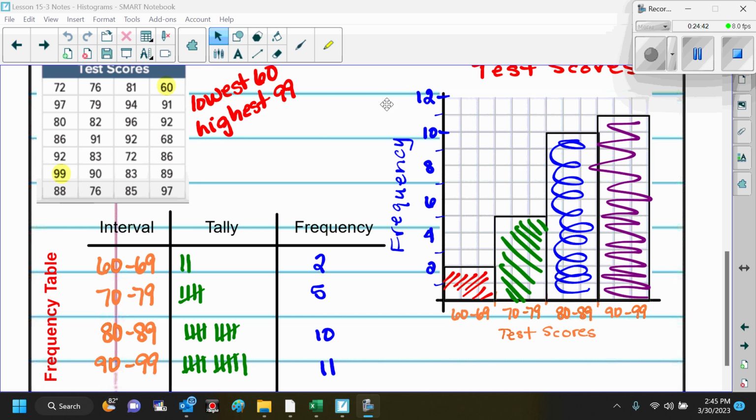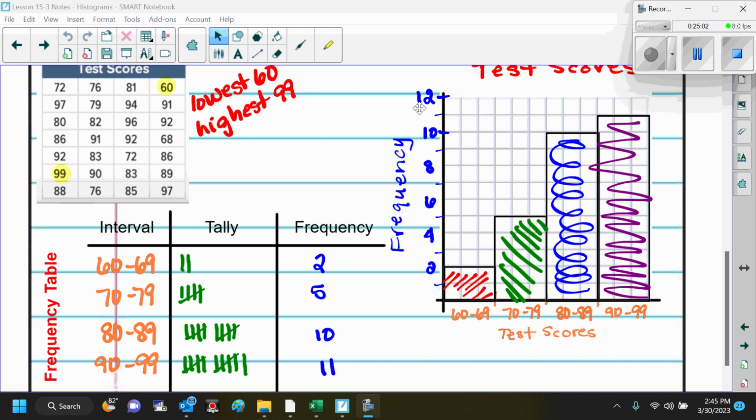And of course the y-axis is always called frequency, right? And here I decided again to count by ones, just because on my graph I have all the way up to 12. So here I could include the 11. So I counted by ones on the y-axis.